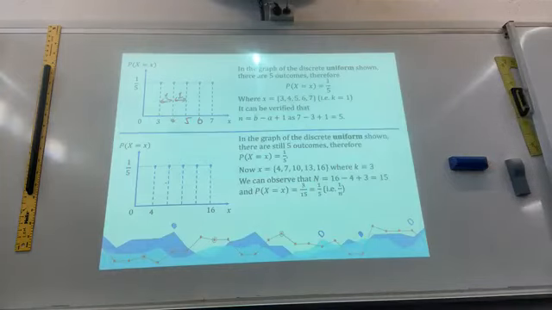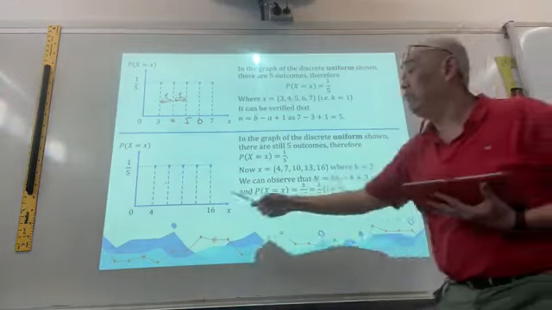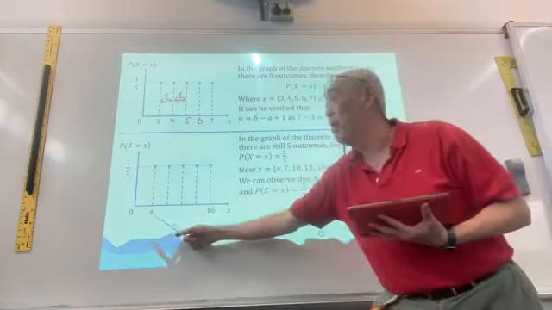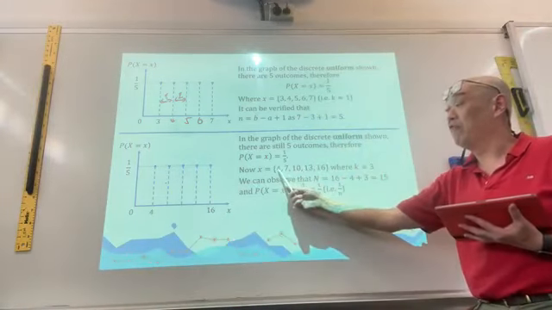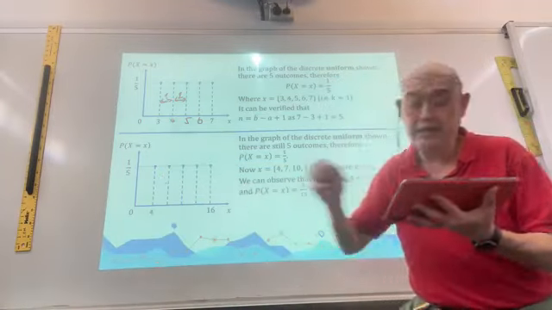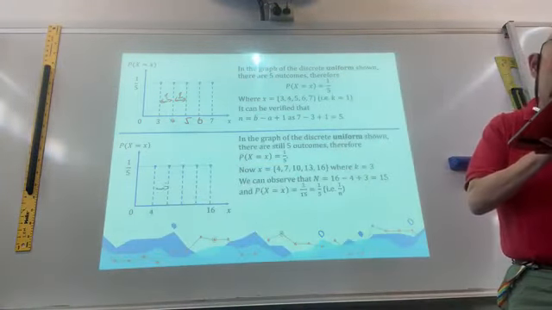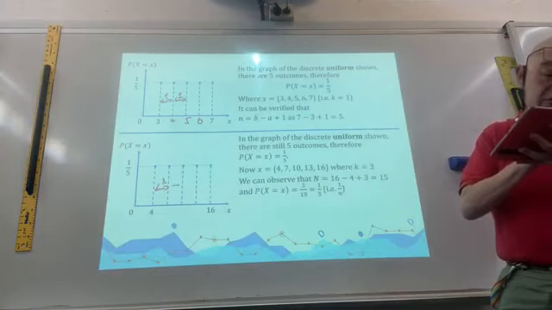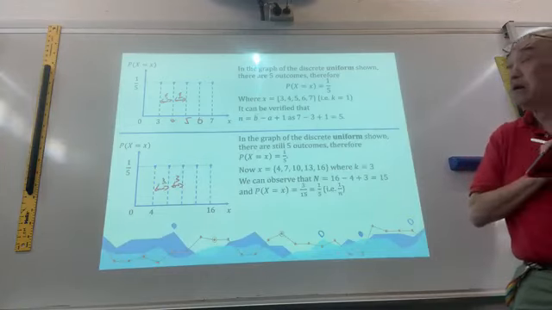Now the next situation is you've still got the same 5 outcomes. However, this time you've got 4, 7, 10, 13. These are uniform between here and here, and k equals 3. All right?